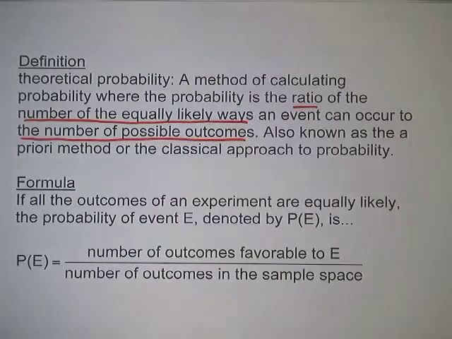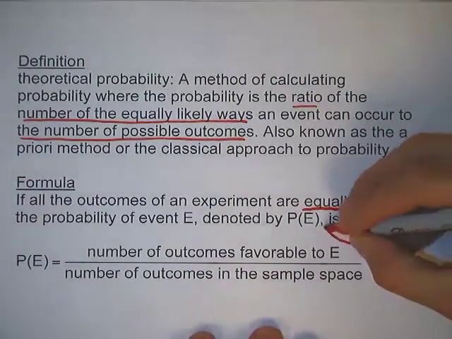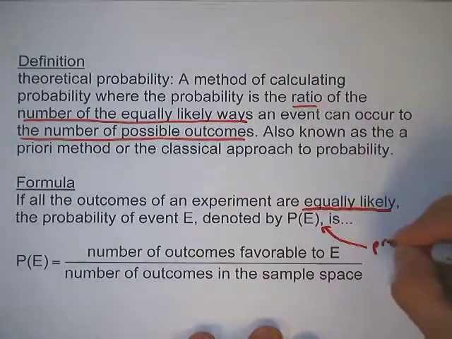All right, so if we take a look now at the formula, kind of putting that definition into more of a formula, it says if all the outcomes of an experiment are equally likely, okay, that's pretty important. All of those outcomes do need to be equally likely. The probability of event E, denoted as P of E, is what's called probability notation.